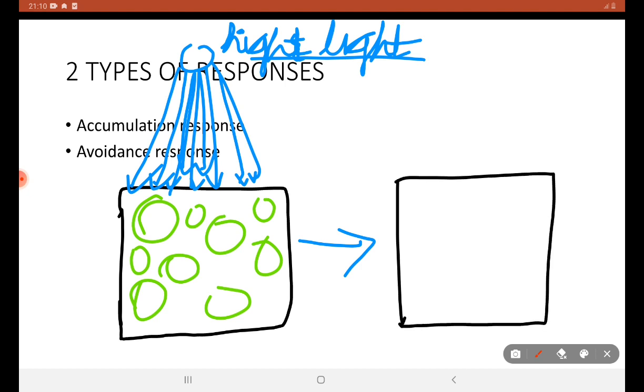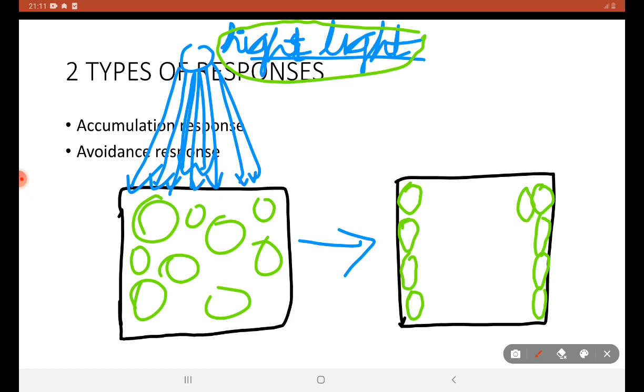As a result of this high light intensity radiation, these cells will tend to protect themselves by avoiding getting exposed to high light radiation. So they will tend to avoid that light by moving to the sides.